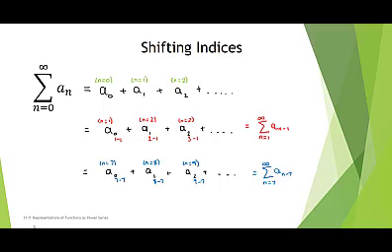Let's look at these examples and see what pattern we notice. So in our original summation, we had n starting at 0. In our first change, n moved to 1. At the same time, we had n as a subscript in our term in the first summation, and n minus 1 as a subscript in our new one.